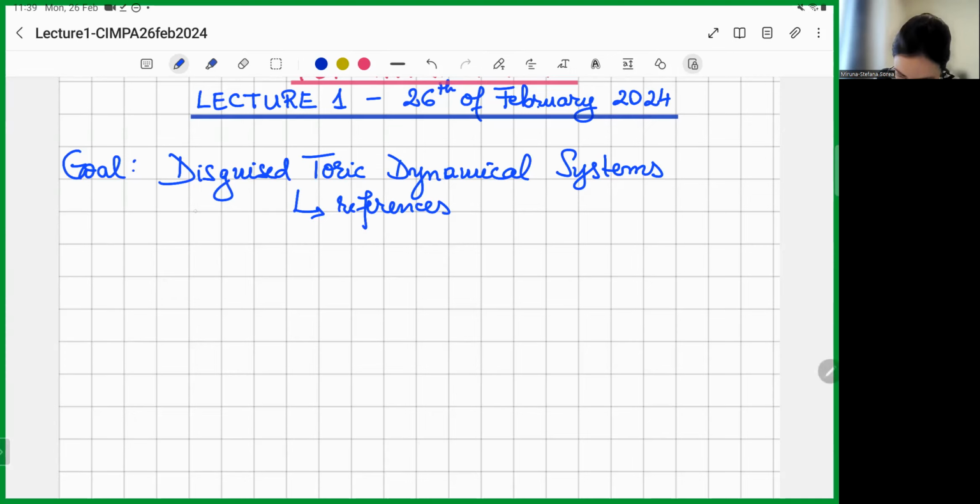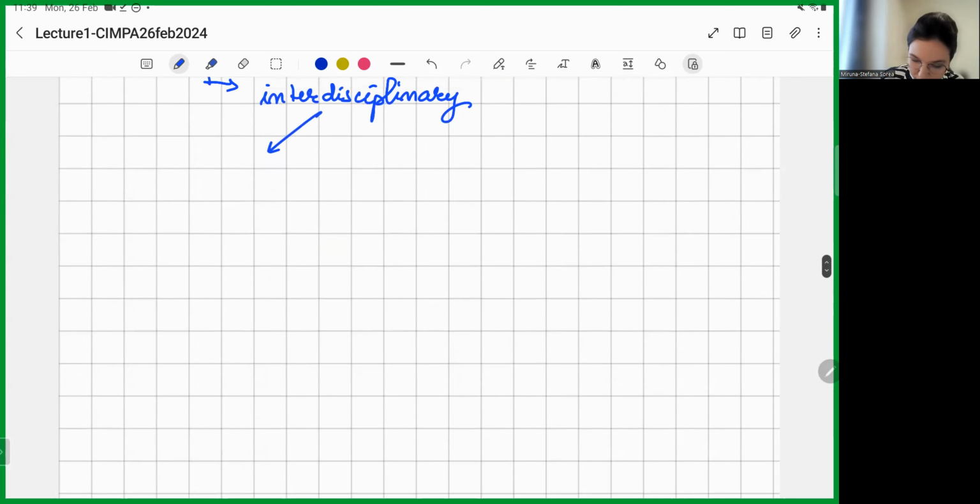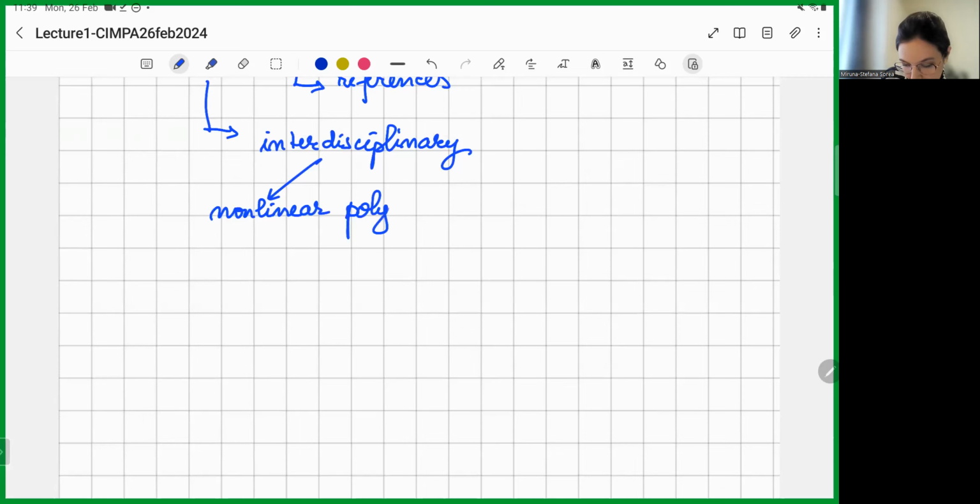So this is going to be a very interdisciplinary subject because it comprises both nonlinear polynomial dynamical systems and nonlinear algebra.